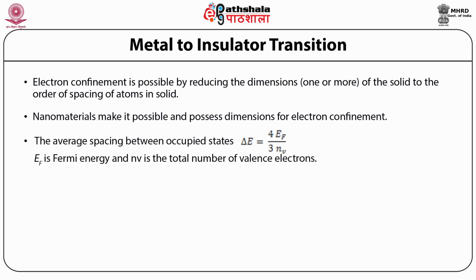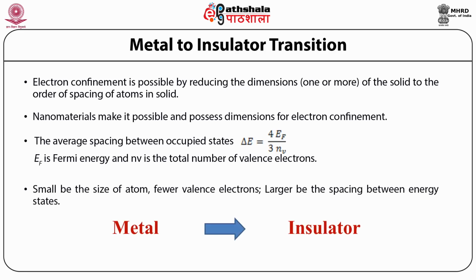The average spacing between the occupied states is delta E is equal to 4EF divided by 3NV, where EF is the Fermi energy and NV is the total number of valence electrons.